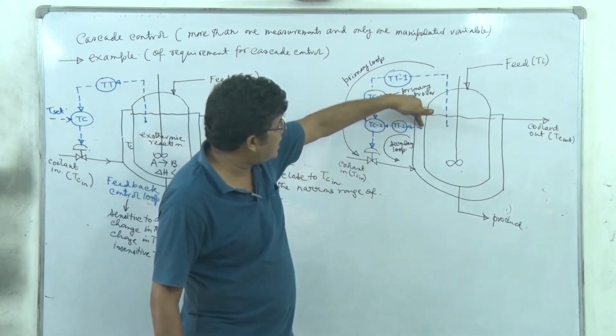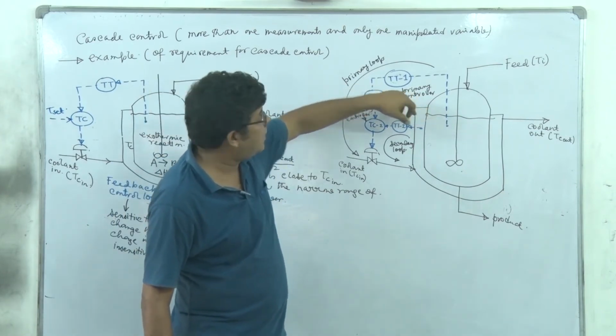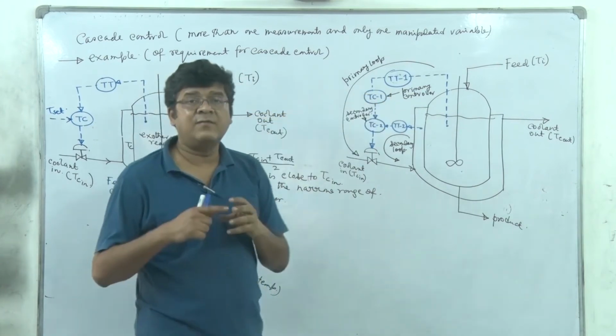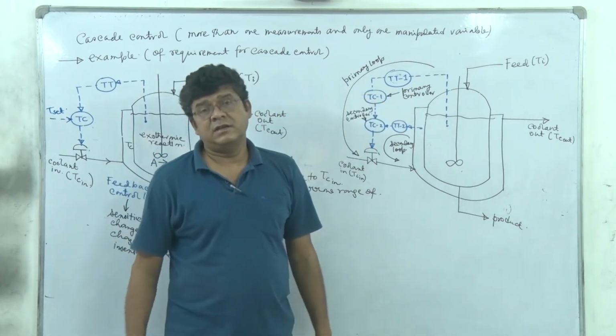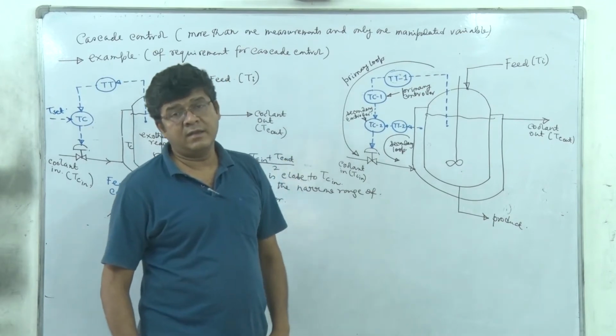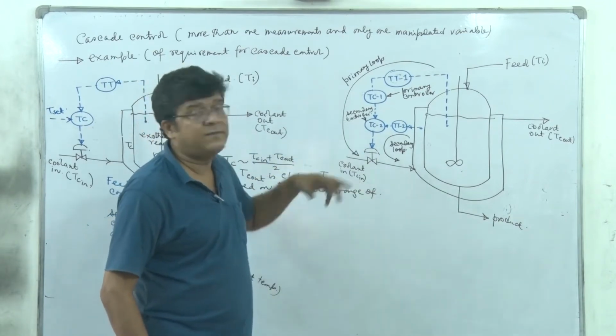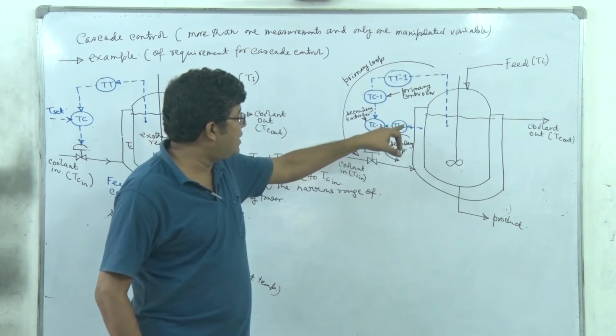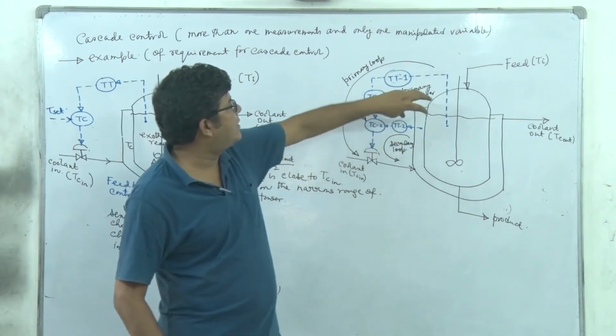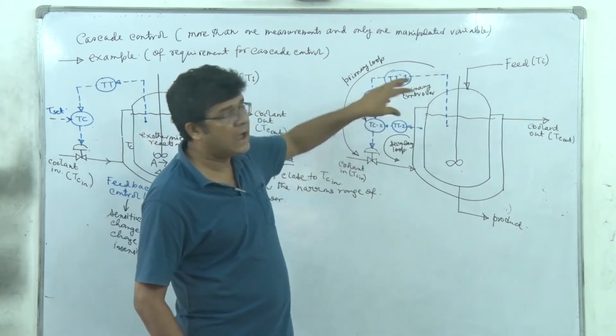And the actual temperature is measured by TC2, and this secondary controller finally takes the judgment regarding the coolant flow rate. So this inner loop is activated by the instruction of the outer loop.